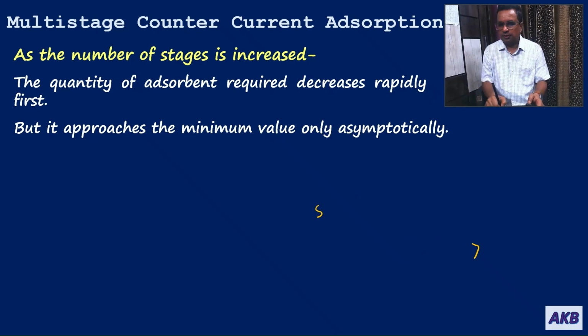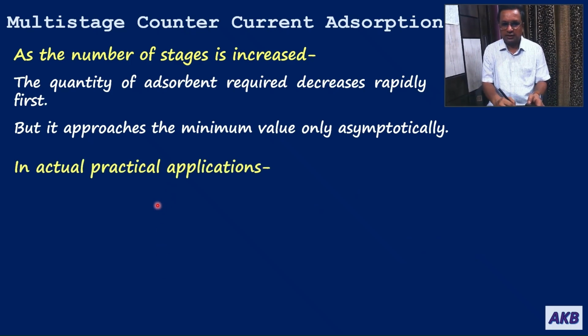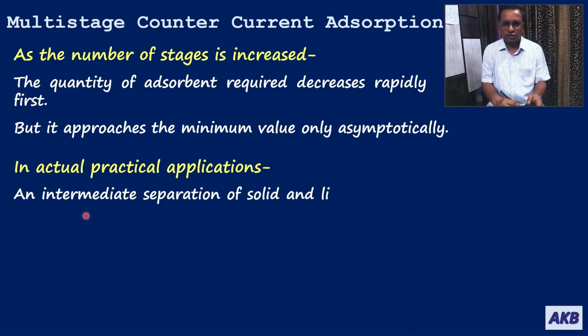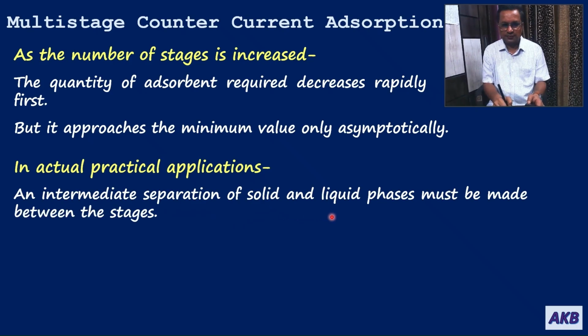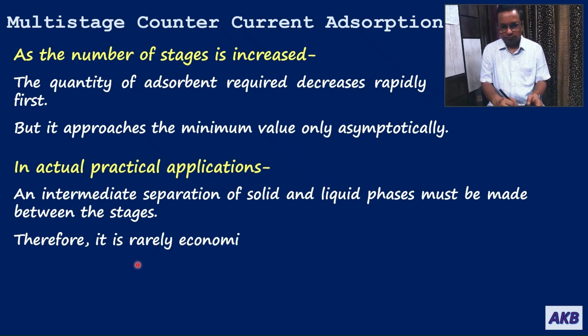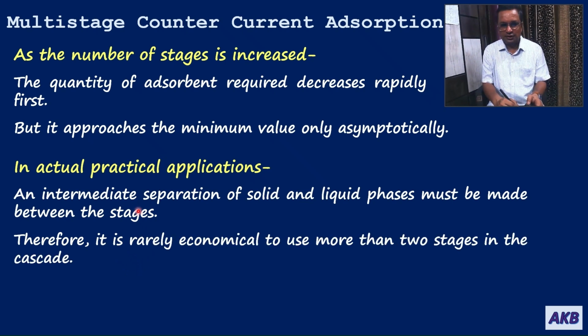But in actual practical applications, since you need an intermediate separation of solid and liquid phases between the stages, the cost of separation will increase beyond two stages in the countercurrent cascade.